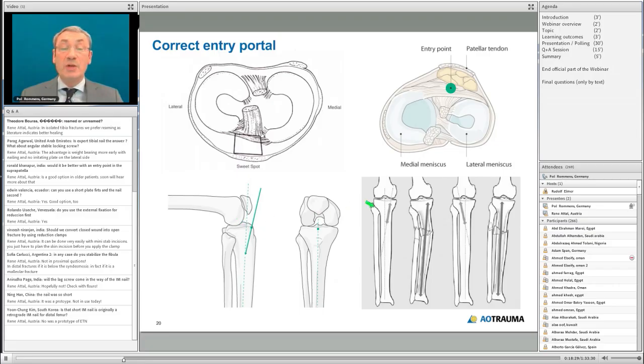If we use a too medial or a too lateral entry portal, we will inevitably go into a valgus or respectively a varus malalignment, which is very difficult to correct after nail insertion.